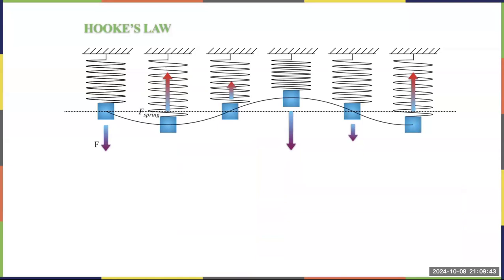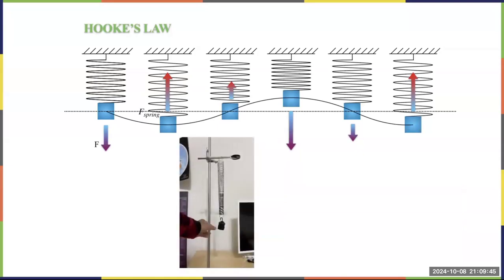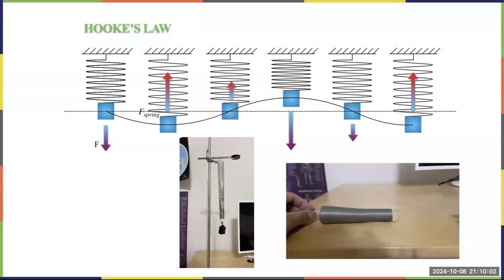Here is a spring. If I take the spring and let it go, this motion is simply an up and down motion. But if we trace this motion with respect to time, we will see a very nice sinusoidal wave motion. And the same thing here.